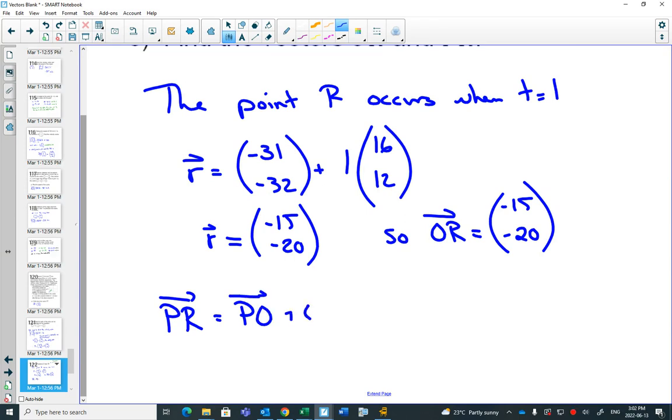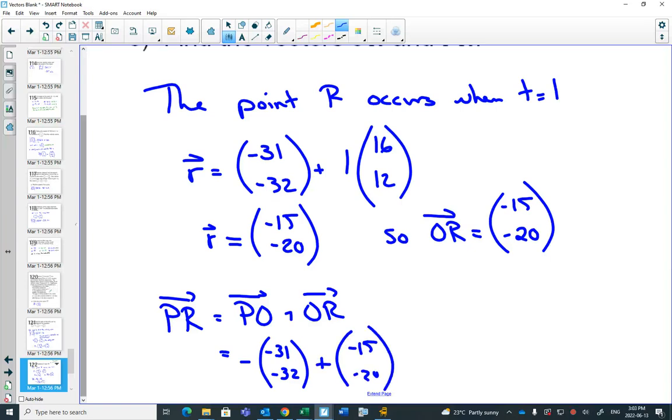Since O to P is negative 31, negative 32, P to O would be the negative of that, plus O to R, negative 15, negative 20.